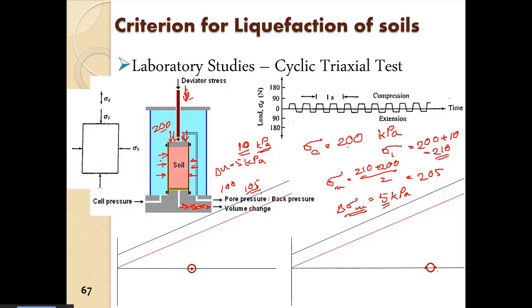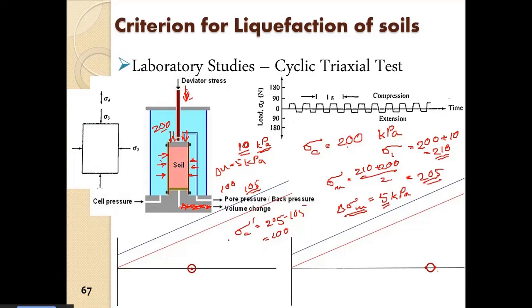Since the mean total confining pressure is 205 kPa, what is the effective confining pressure? Sigma C dash is equal to 205 minus 105, which is equal to 100.